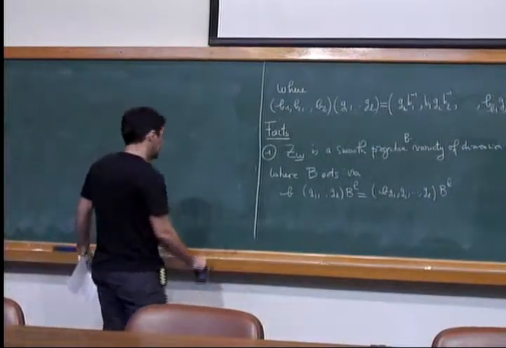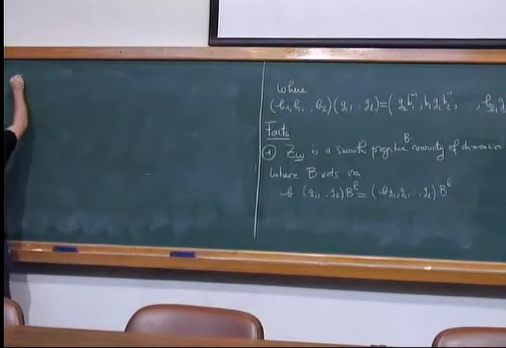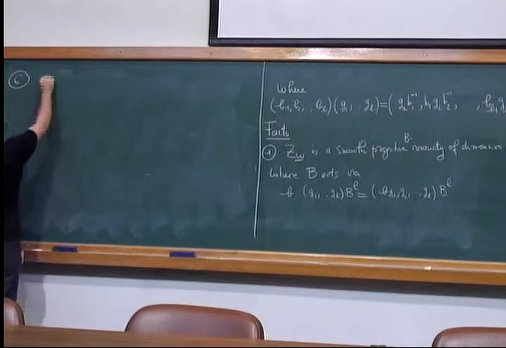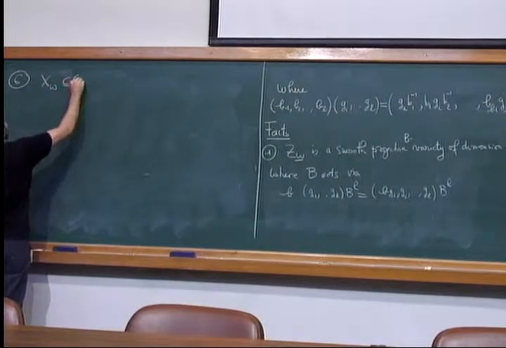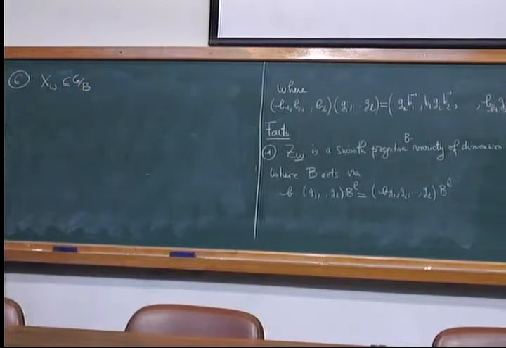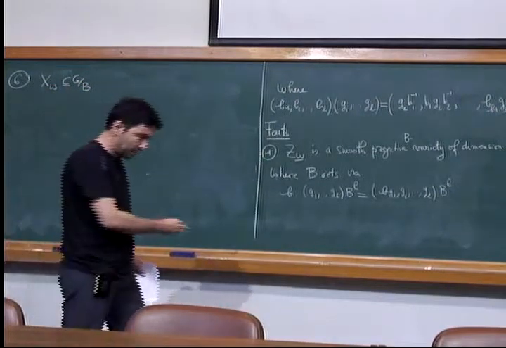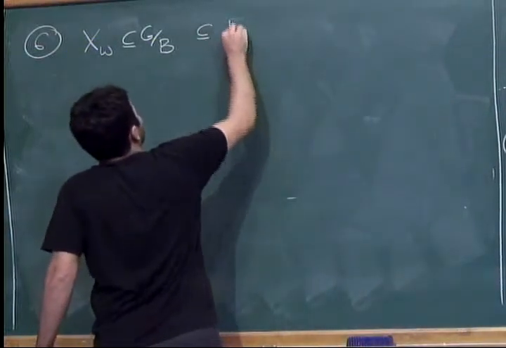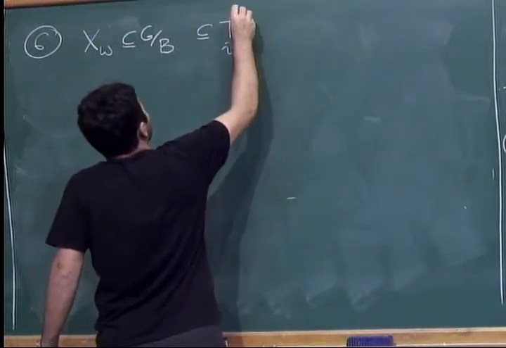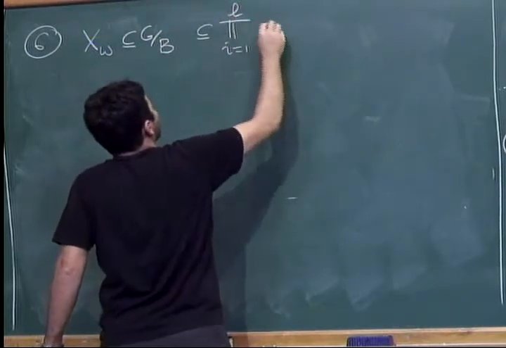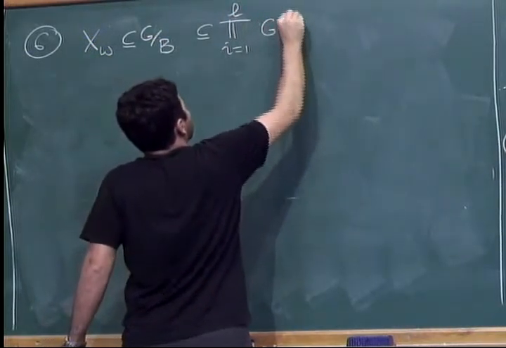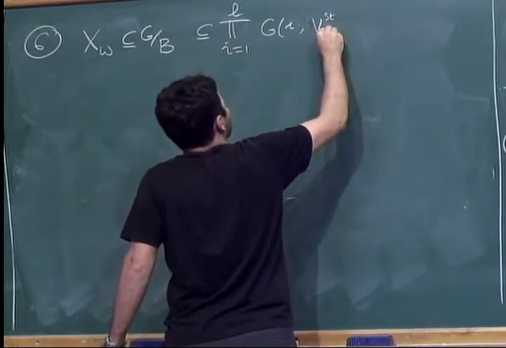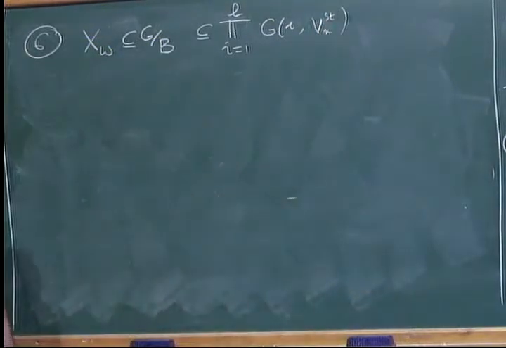So this is point 6. Recall that X omega is contained in G mod B. G mod B is a set of flags, so it is naturally embedded in the product, from i equal to 1 to L, of the Grassmannian in a vector space of dimension n.